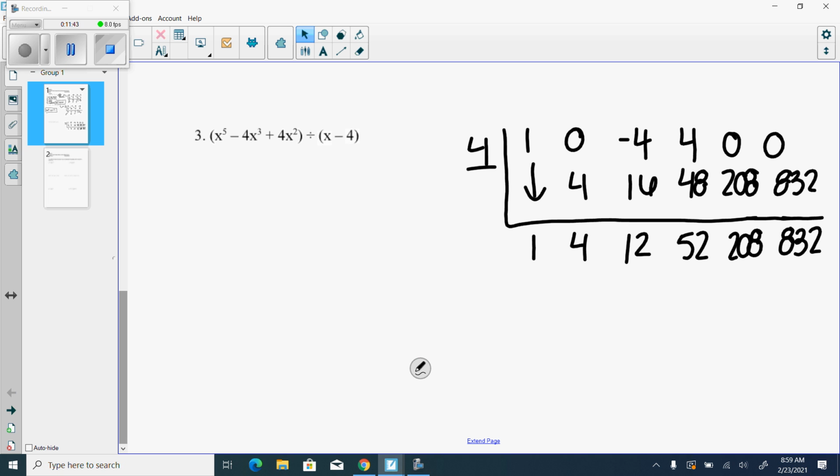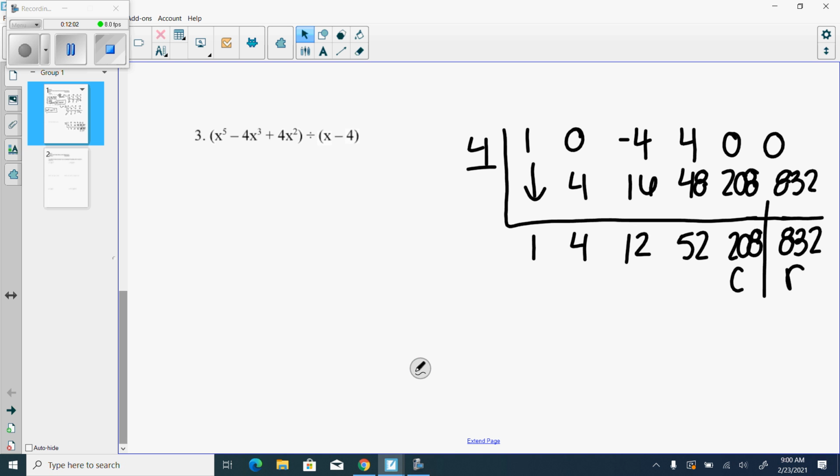So now that we have all of our coefficients, now I just need to go and label them so I can write it down correctly. So I always mark off the last one, right? So that 832 is my what? Very good. What's the 208? Constant.